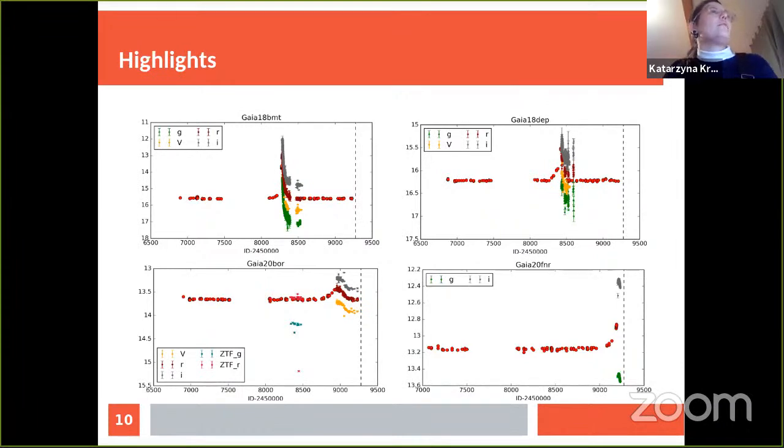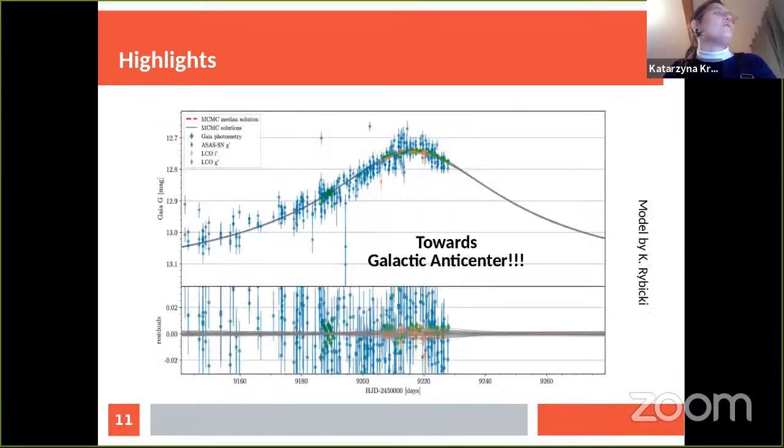The latest highlight that we have found is Gaia20fnr, which occurs towards the Galactic Center, so that's really exciting. According to a model by Chris Rybicki, it might be a long event, but we still don't know. So that might be very interesting.